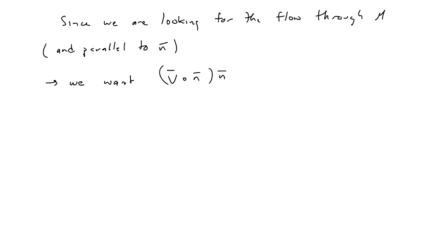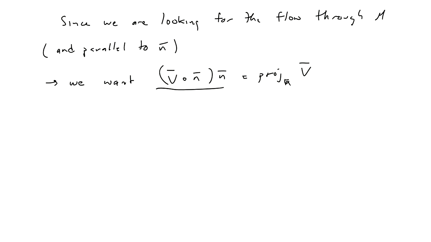So therefore, we only want this part of v. And so this goes back to chapter 1. What have I done here? What is this thing here? What does the dot product give me? This is the projection onto n of v.